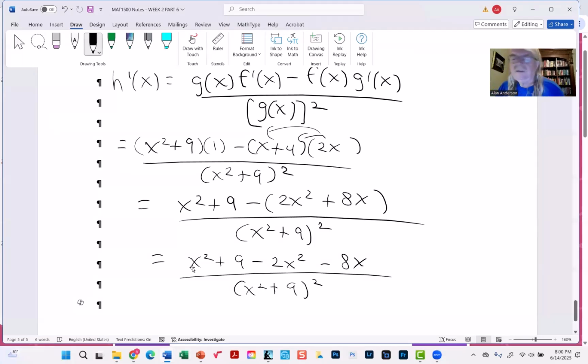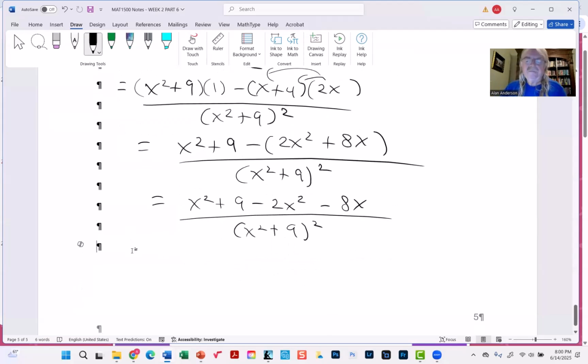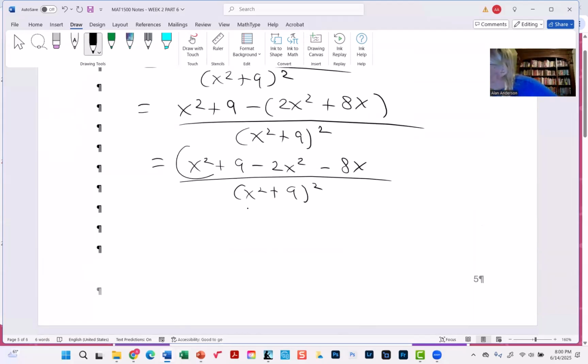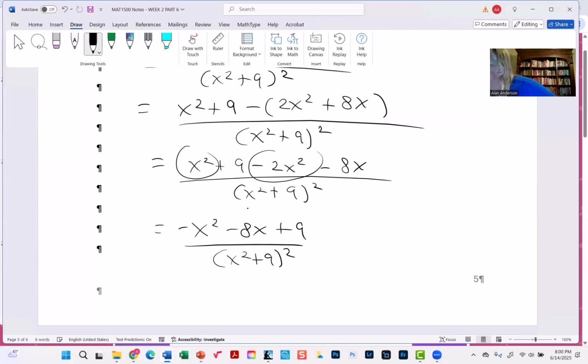And then let's see, we can consolidate a few of these terms. These two give me negative x squared minus 8x plus 9. And then we have this in the denominator. I don't think there's any way we can simplify it any further.